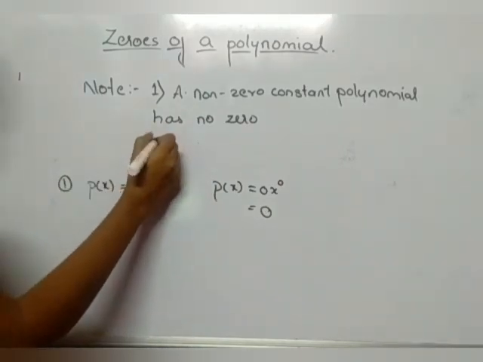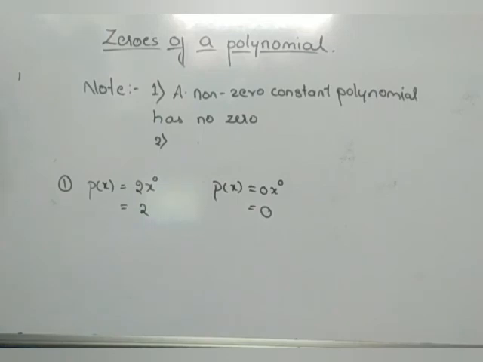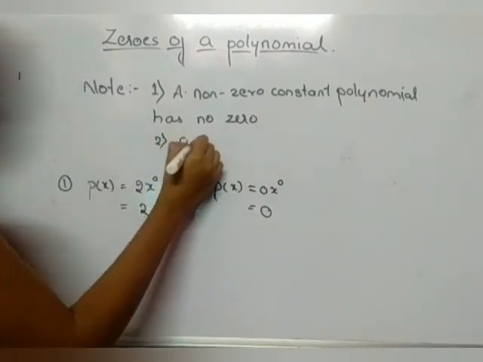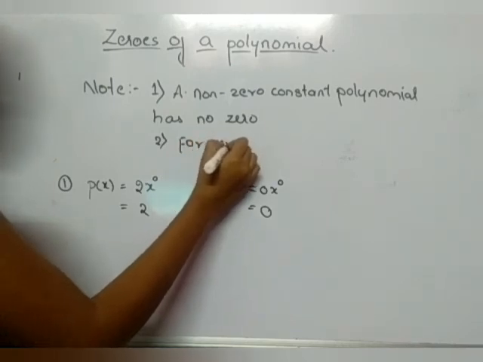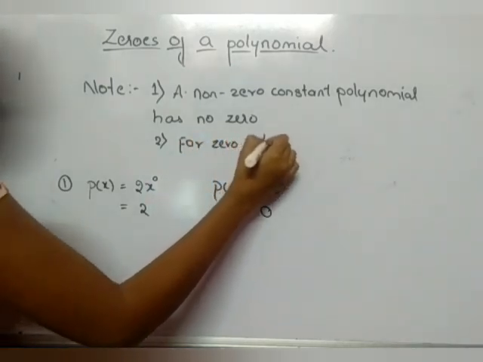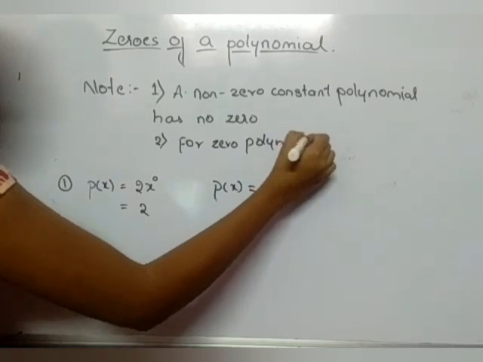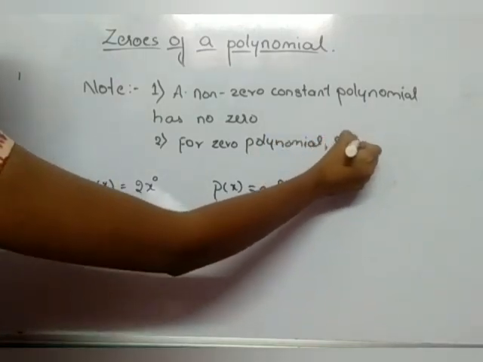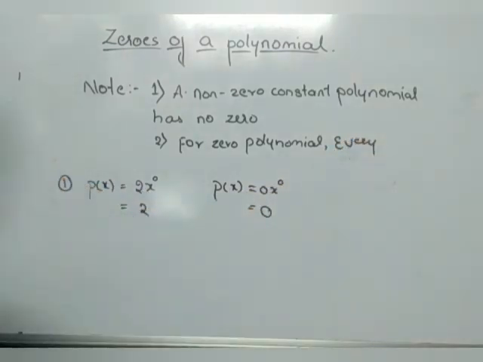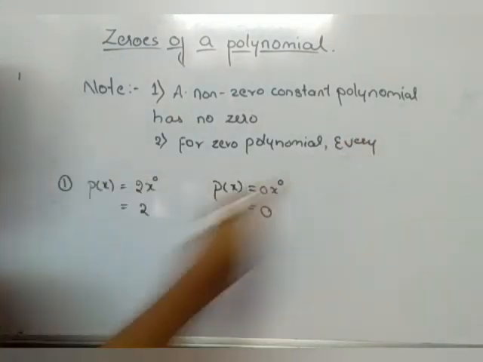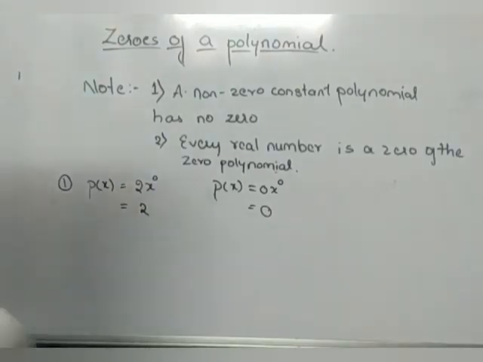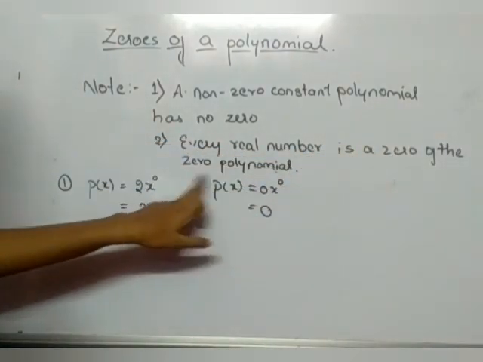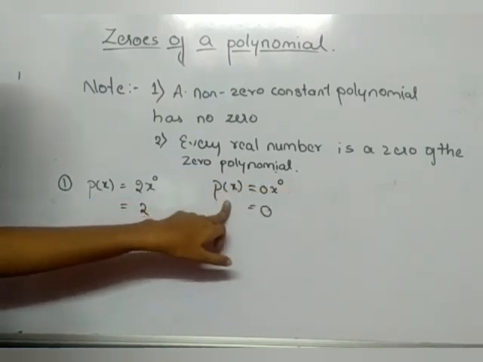So we'll write the second point. For the zero polynomial, every real number is a 0 of the zero polynomial. This is the zero polynomial.